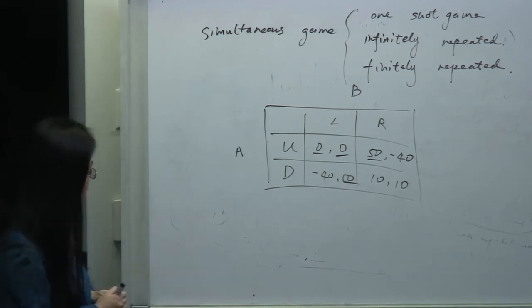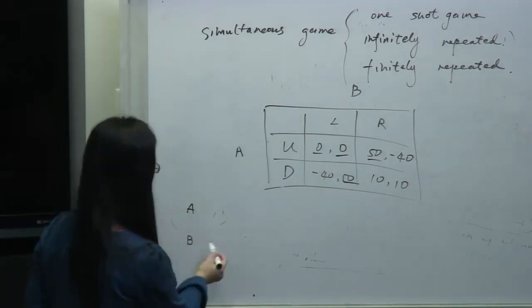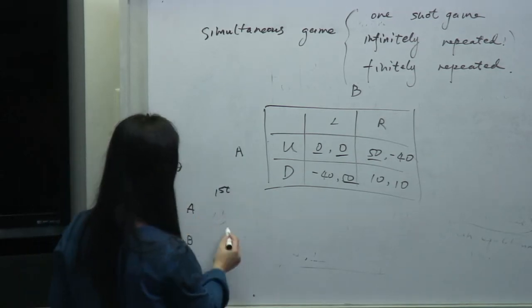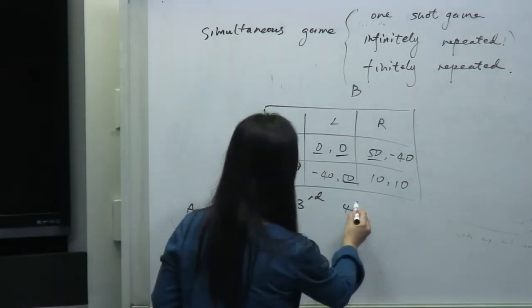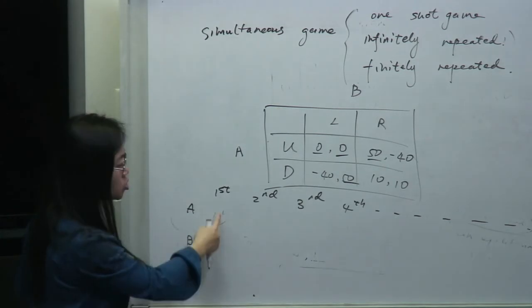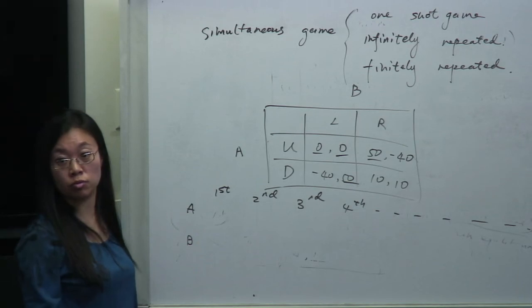So the baseline represents a strategy: first period, second, third, fourth, forever. In each one, each player has two strategies.